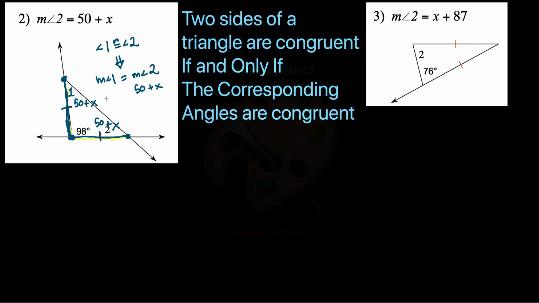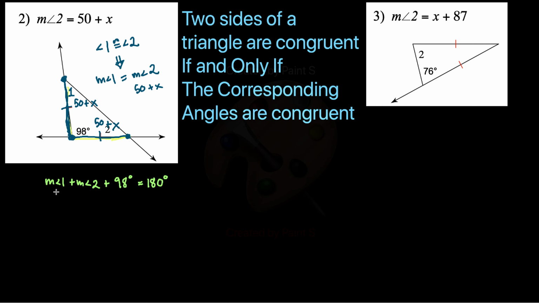And now I can use another theorem to solve for x. I know that measure of 1 plus measure of 2 plus 98 has to give me 180. So the measure of angle 1 plus the measure of angle 2 plus that last angle, 98 degrees, has to equal 180. That's by the triangle sum theorem.